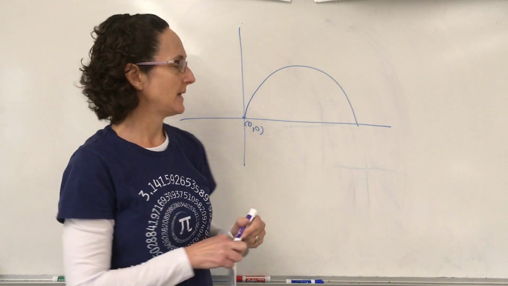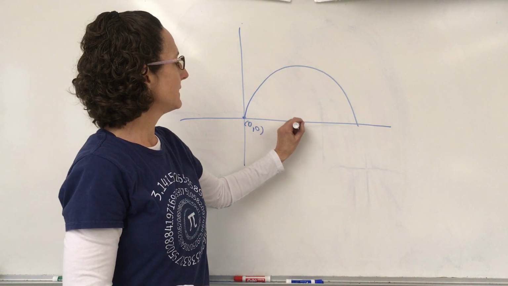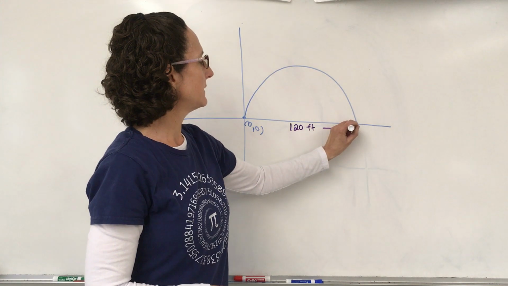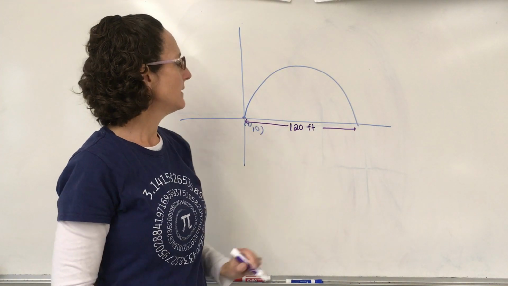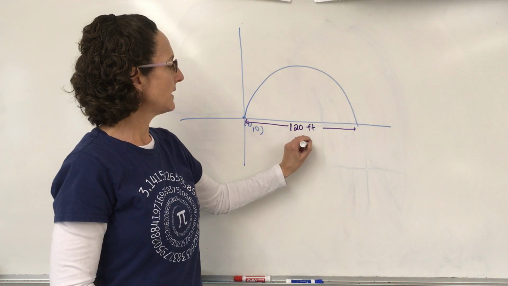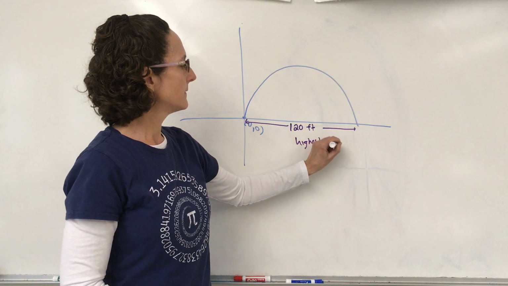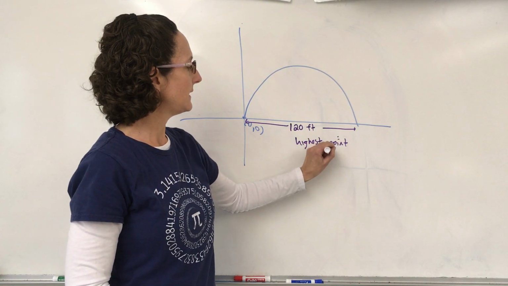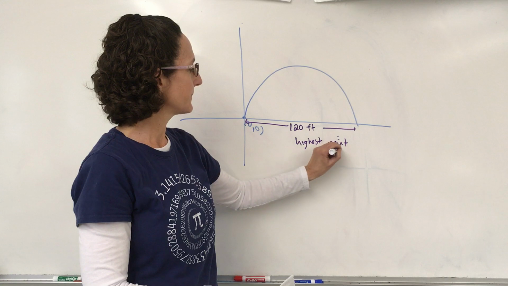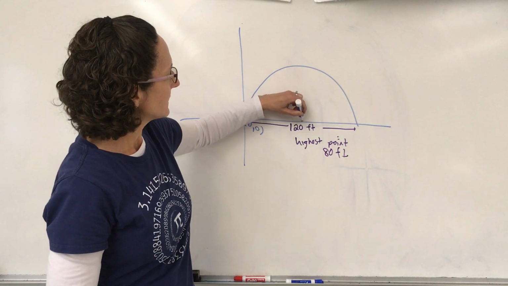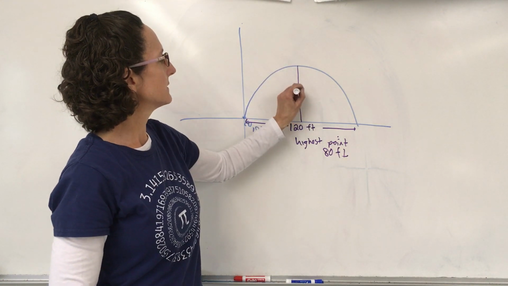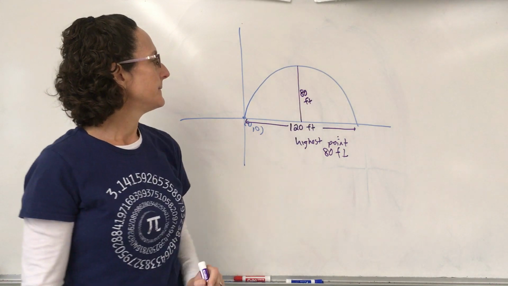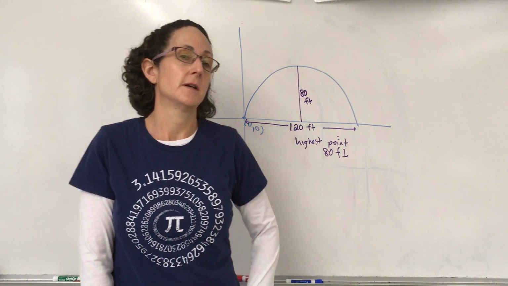Anytime you see the word span, it means that the biggest opening is 120 feet, like this. Okay, and then it'll say something like the highest point or the highest clearance is 80 feet. So obviously that means that this is 80, because that's the tallest that it gets. Okay, so that's some information about our tunnel.